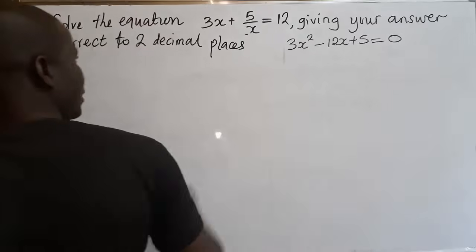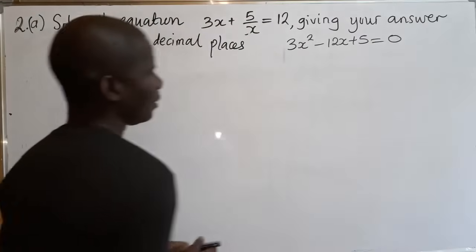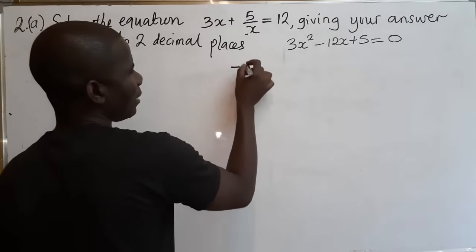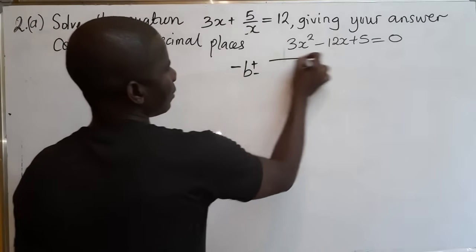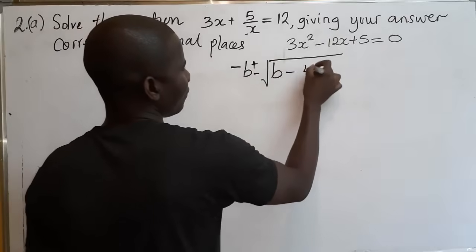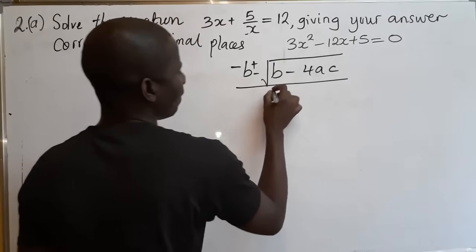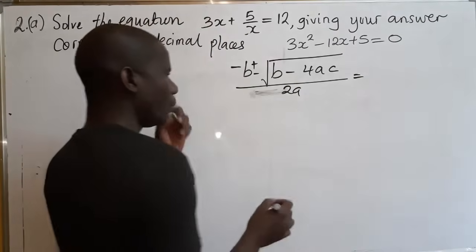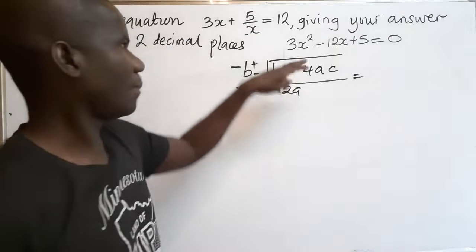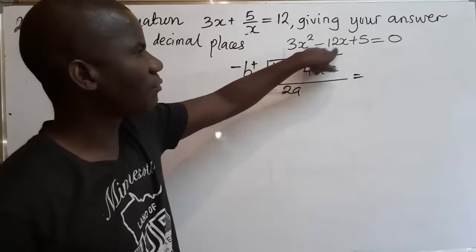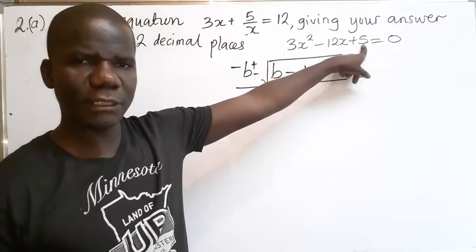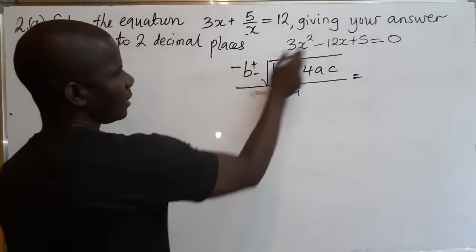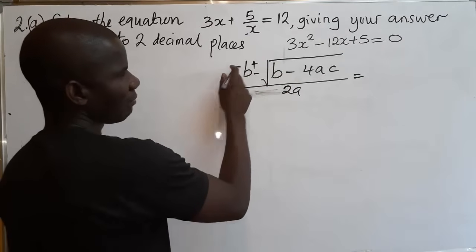After that, from this point now, we need to use our formula. Okay, as you may know, minus b plus or minus the square root of b squared minus 4ac, over 2a. So what is our b here? This is our a, b is negative 12, and c is positive 5. So our b, we can drop it down here. Our b is a negative, and this negative, they will give us a positive.